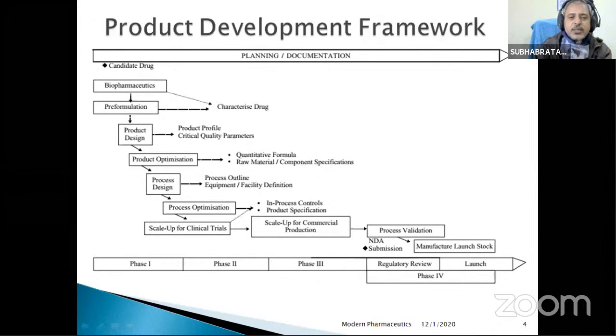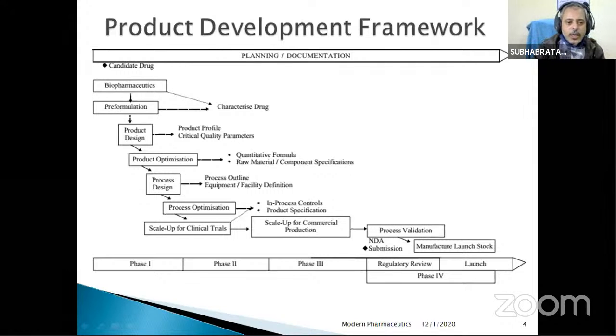Now, as we can see from this product development framework, pre-formulation in contemporary pharmaceutics is done in the very initial stage of phase 1, when healthy volunteer studies are going on.